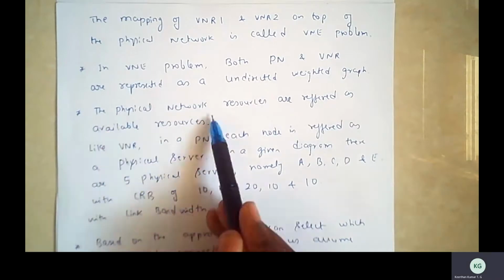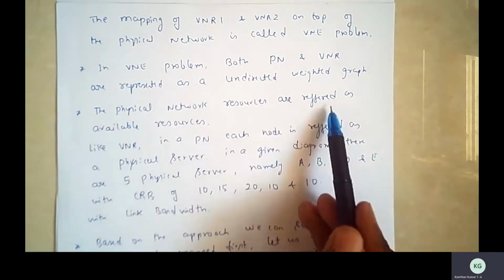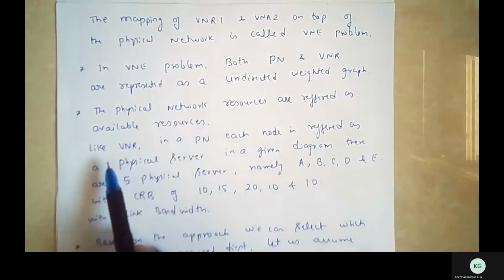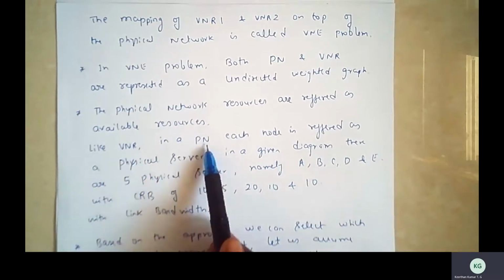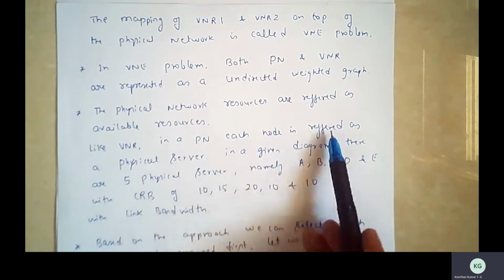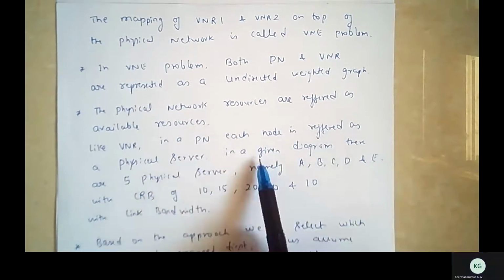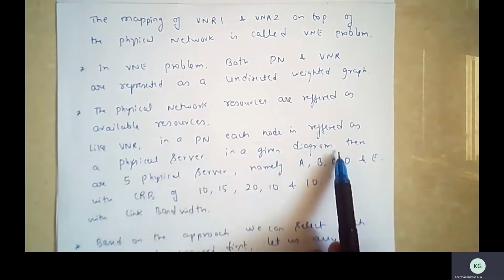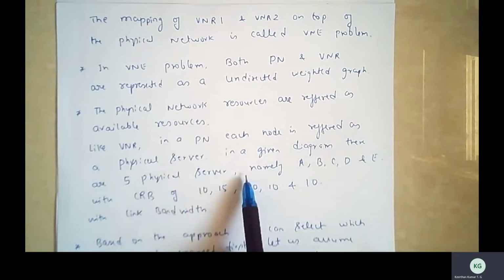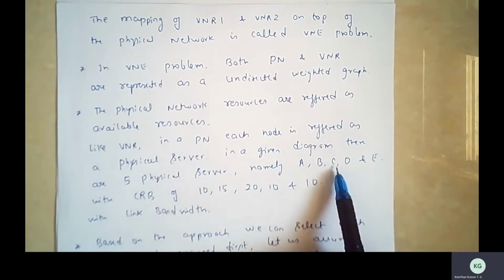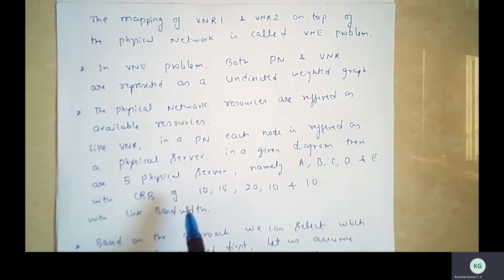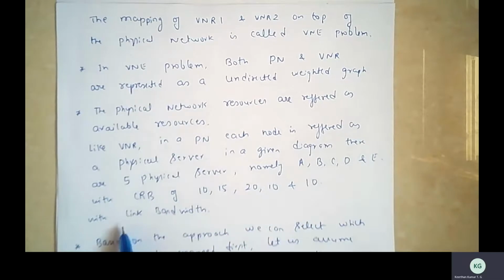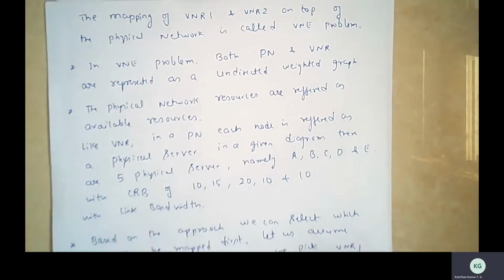The physical network resources are referred to as available resources. In a physical network, each node is referred to as a physical server. In the given diagram, there are 5 physical servers, namely capital A, capital B, capital C, capital D, and capital E, with CRB of 10, 15, 20, 10, and 10, along with link bandwidths.